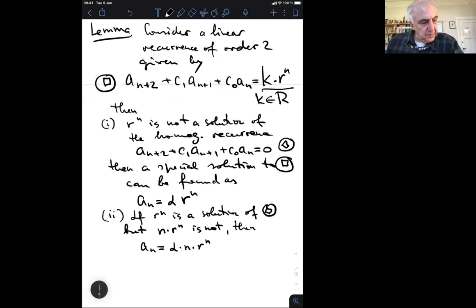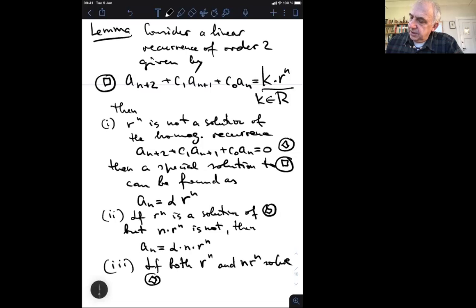And finally, if both r power n and n times r power n solve our homogeneous equation, then a_n equals some constant alpha times n squared r power n.